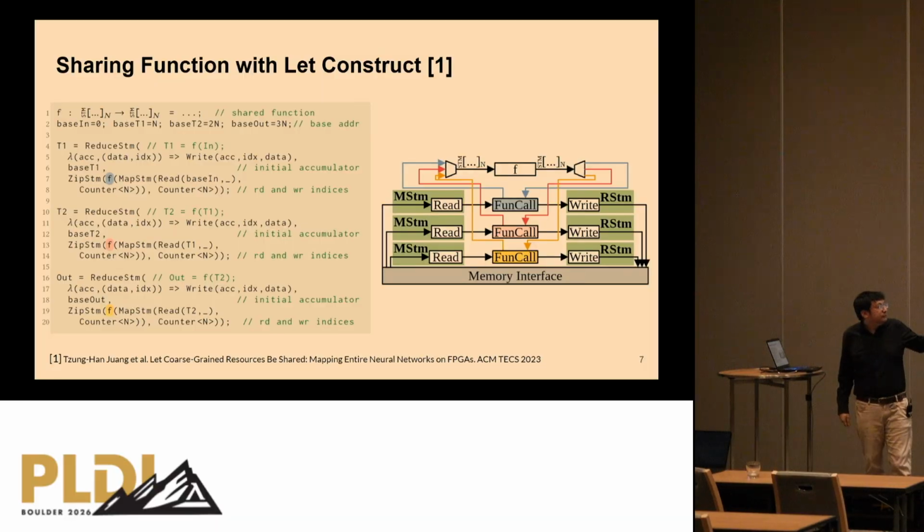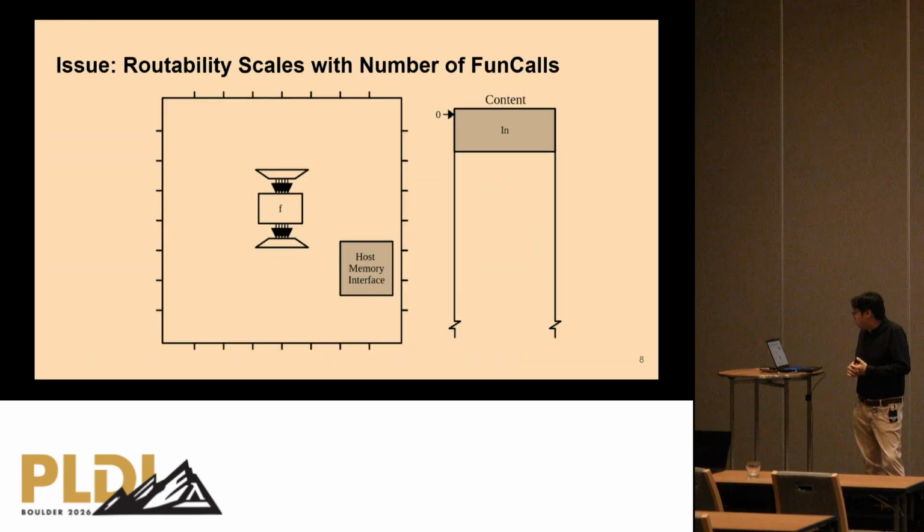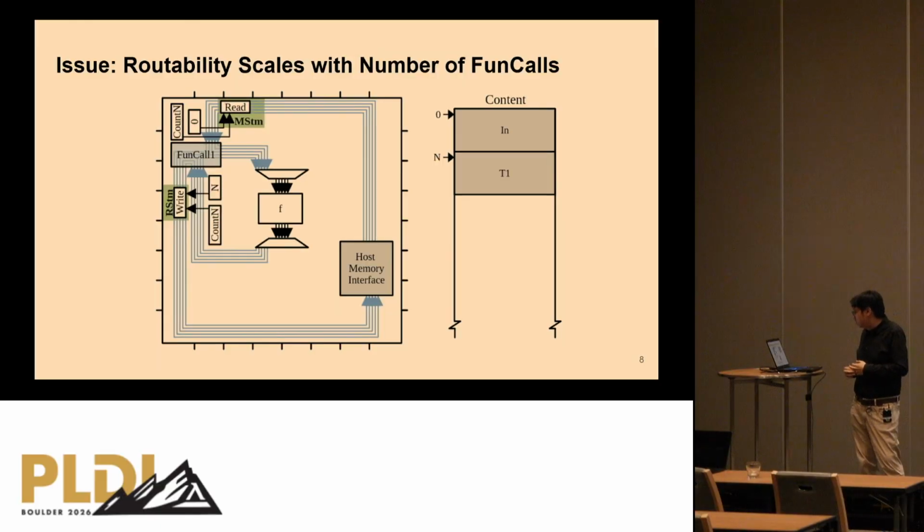This looks simple, but what's happening in the hardware is more complex, and it's the problem from the previous work. Let's talk about what will actually happen in the chip. We have a shared function and memory interface, and then we have initial data in the memory. For the first function call, what is happening in the chip is that we allocate the space or the resources. These resources include this path, this blue line, the block for function call 1, and the reduce, map and read.